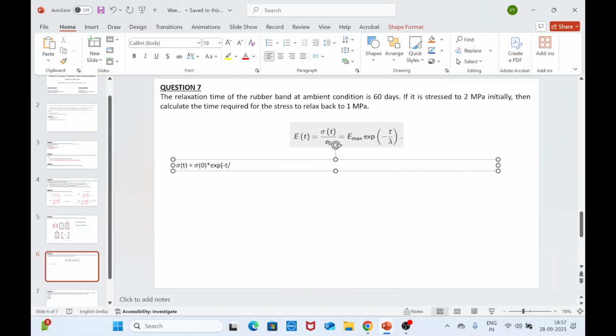Lambda is the relaxation time, or you can say it is the ratio of the viscosity to that of the modulus. So here lambda is directly given to us as 60.